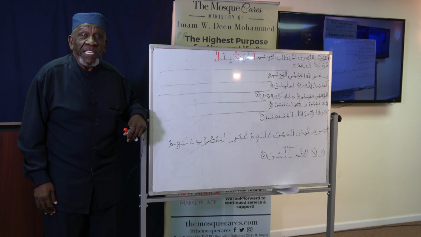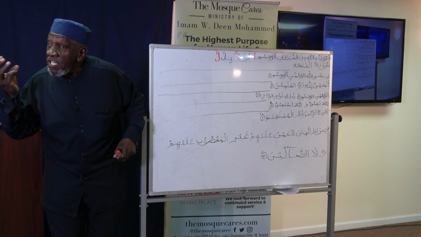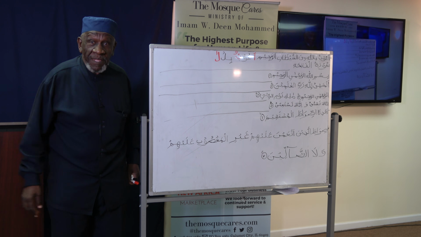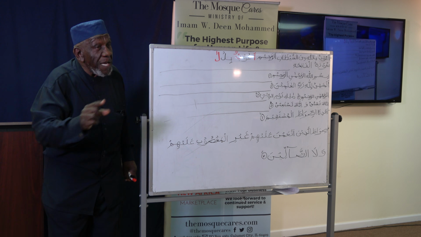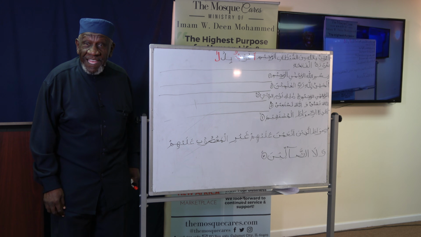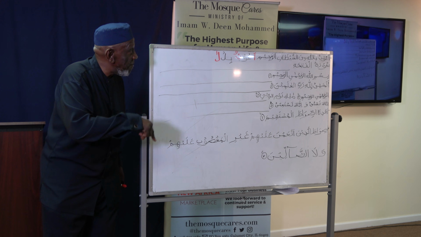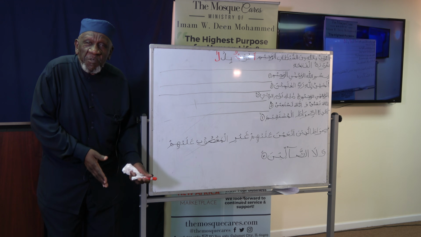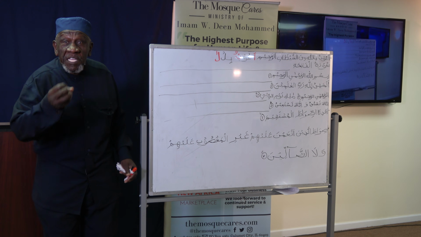Here is my position. I take it, I stand on it, I run with it. The sound law is in the Arabic language one time in the word Allah. Everywhere else, that same lam alif is la. Allah doesn't change. So I don't change. When it's referring to Allah, I don't change. I know the rule of tajweed on that. The rule of tajweed said if Allah is preceded by a word that ends in kasra, then you pronounce it.